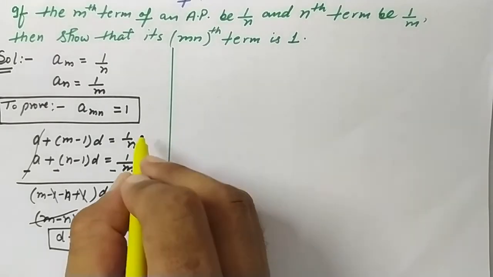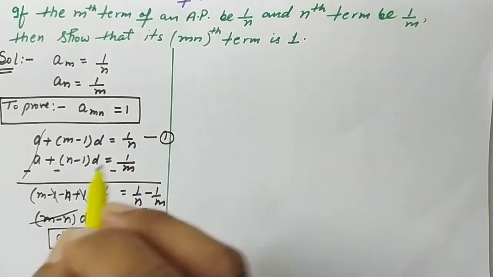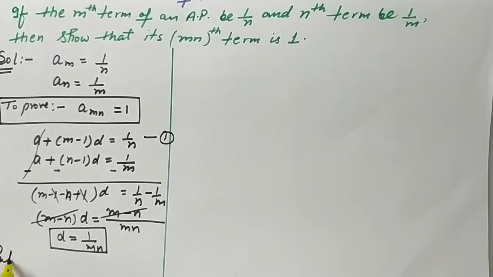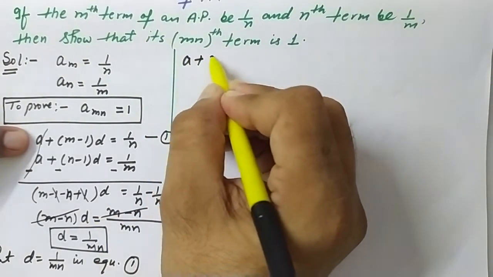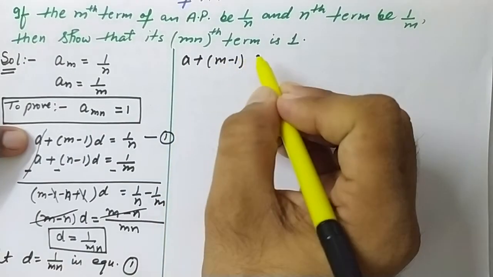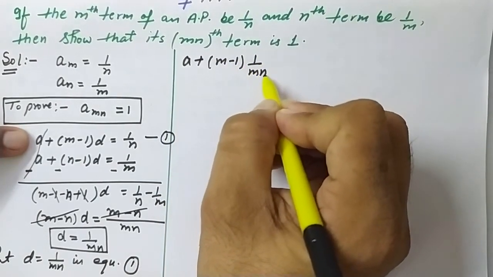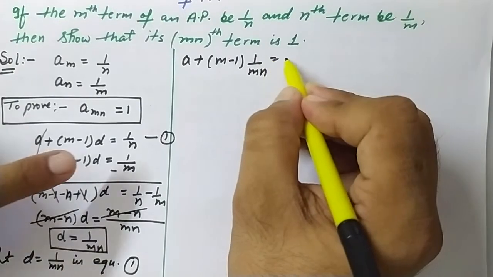Now we'll fill the value of d in any of these equations and we'll get the value of a. So suppose this is equation number 1. So we'll write put d is equal to 1 over mn in equation 1, right? So let's fill here. So it is a plus m minus 1 into d. d is 1 over m into n is equal to 1 over n.